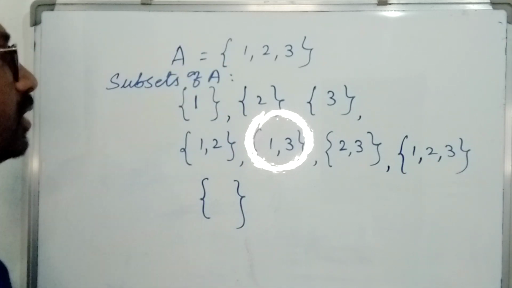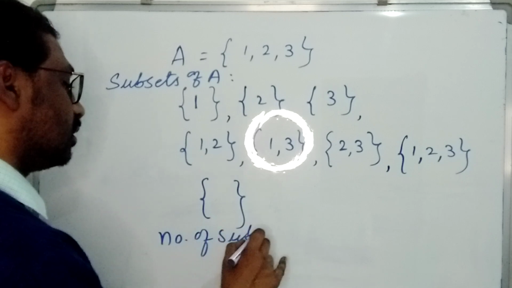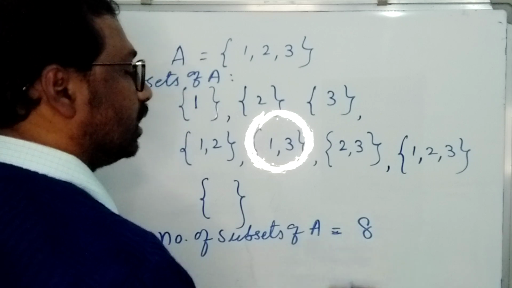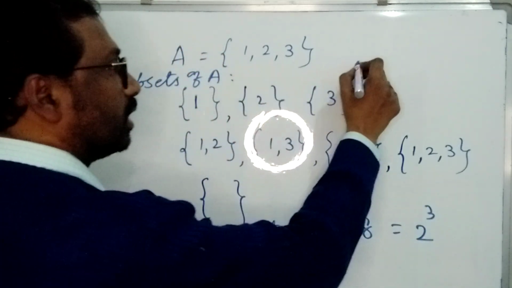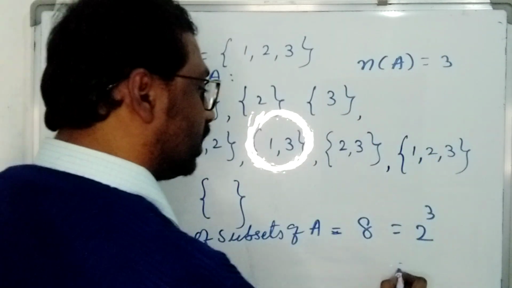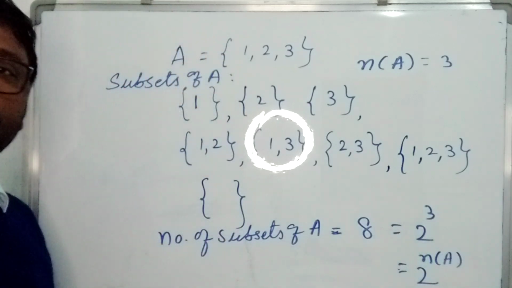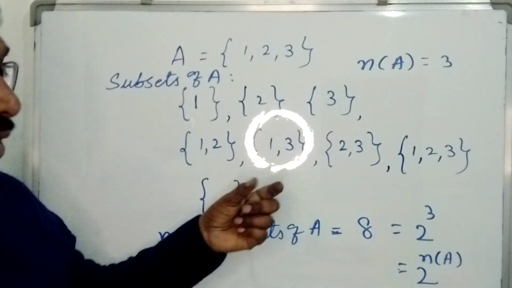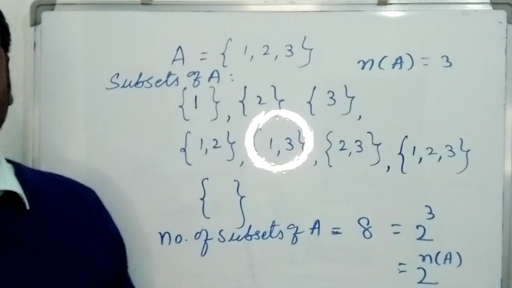So how many subsets are we getting? The number of subsets of A equals 8. 8 can be written as 2 power 3. 3 means the number of elements of the set A. So you can write 2 power n of A. Therefore, how many subsets does a set have? 2 raised to the power of the number of elements of that set.